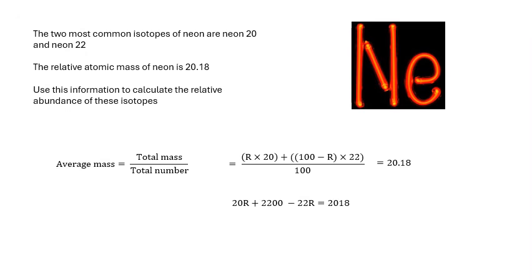Yes. So 20R plus 2200 minus 22R is 2018. So R is 91%. So 91% is neon-20, and that means that 9% is neon-22. So well done if you managed to do that. Being able to do it might be in the exam.